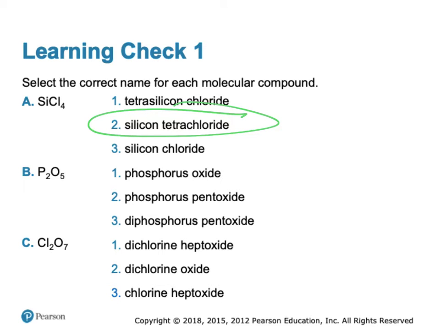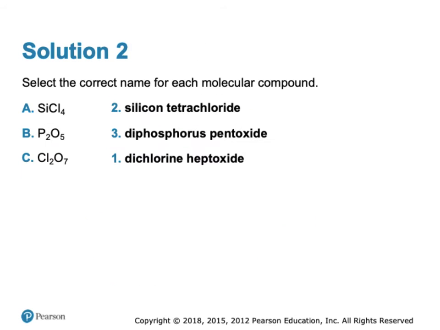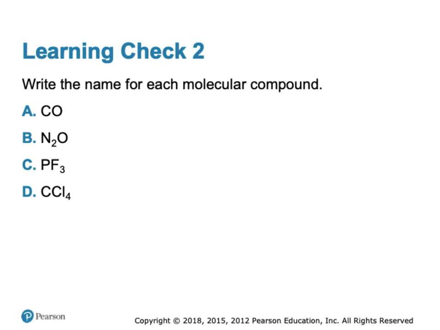There are 2 phosphoruses, so it's diphosphorus, and there are 5 oxygens, so it's pentoxide. In C, we have 2 chlorines and 7 oxygens, so that is dichlorine heptoxide, or choice 1. Okay, so here are the answers laid out for the previous problems.